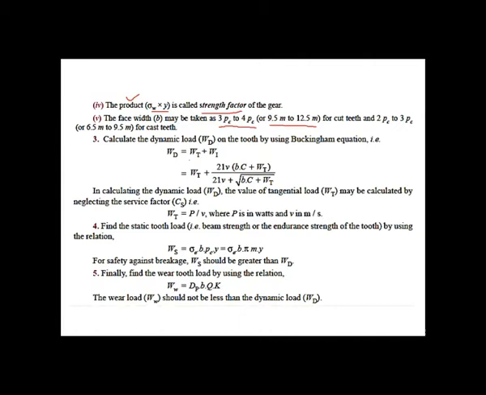If the teeth are manufactured by the casting process, then we can select the face width b between 6.5 m to 9.5 m, that is 2 Pc to 3 Pc. So we will consider the manufacturing factor also, whether it is by the milling operation or machine tool, or by the casting process in industry.